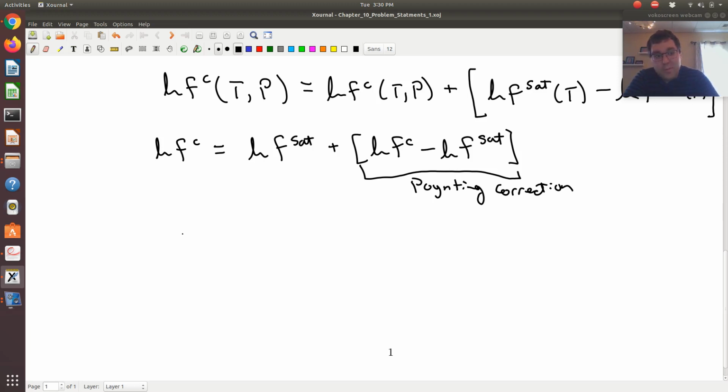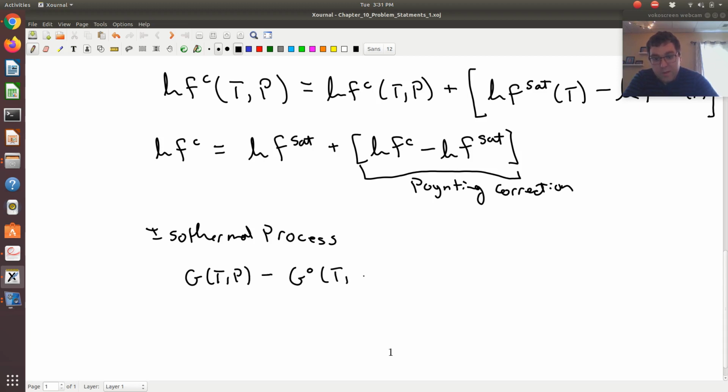Remember, our definition of fugacity is for an isothermal process: a difference in Gibbs free energy, G at T and P, minus G naught at the same T and a pressure P naught, so it doesn't need to be at the same pressure but needs to be at the same temperature, is equal to RT log of f, the fugacity of my state of interest at T and P, relative to f naught at T and P naught.